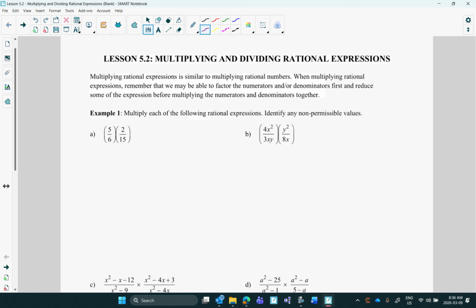And remember, you can reduce any numerator with any denominator. We don't have to be in the same fraction. So is there a pair of numbers, one in the numerator and one in the denominator, that I could reduce? 5 and 15, I could divide each by 5. 1, 3. 2 and 6, I can divide each by 2. 1, 3 again. So now I'm left with 1 times 1 over 3 times 3.